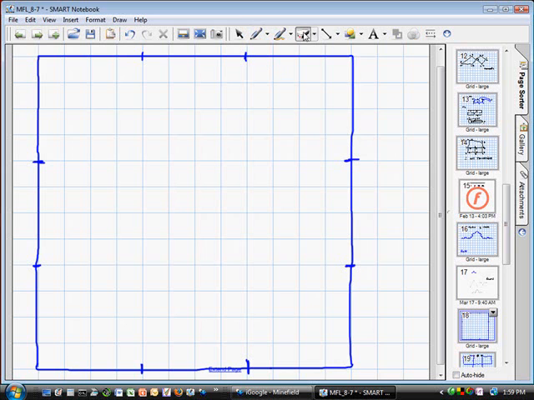Once again, erase the central part. Okay. Now, on each opening, construct a square going to the inside.